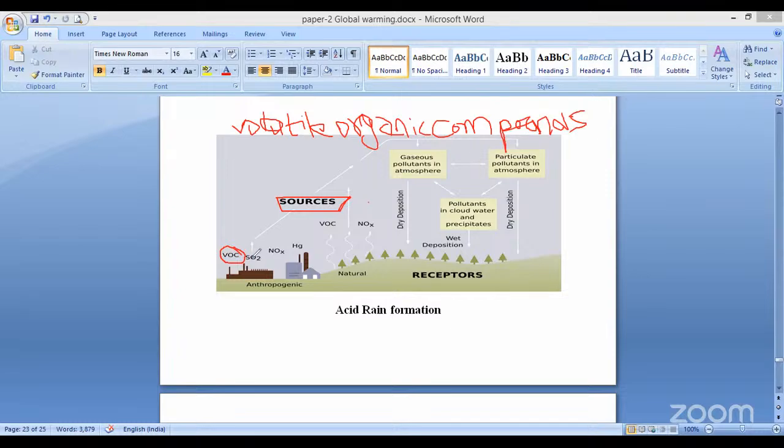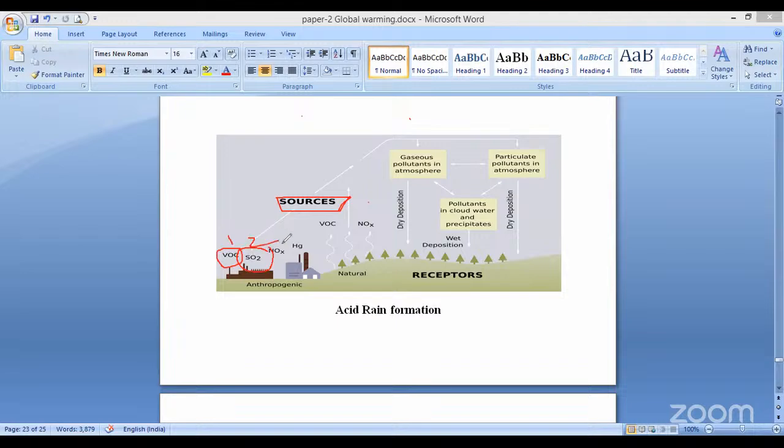Volatile organic compounds took place at first, the second one is sulfur compounds, the third one is nitrogenous compounds, and the fourth one is heavy metals.